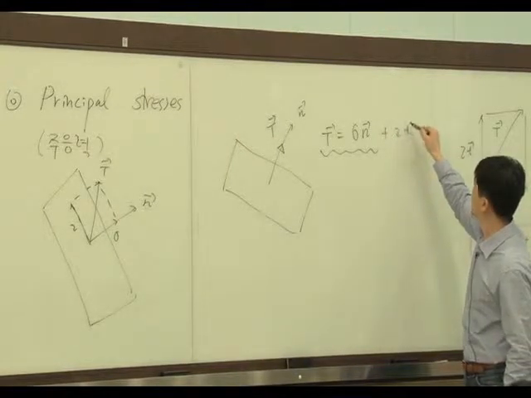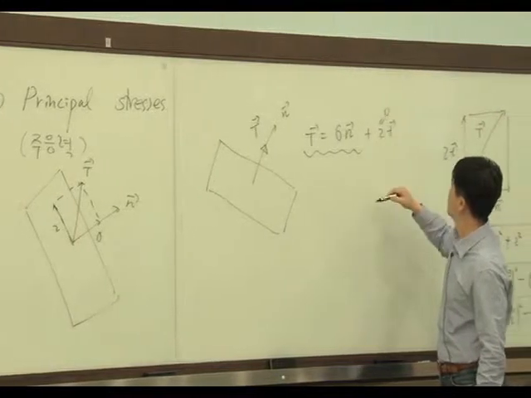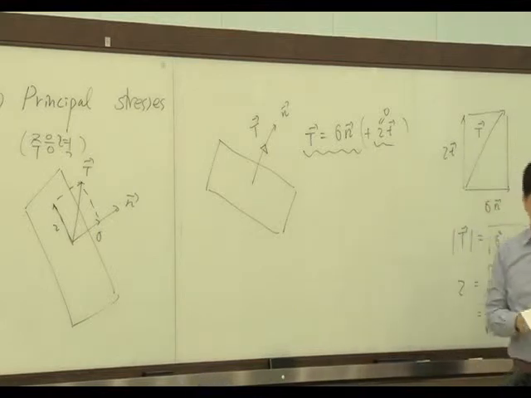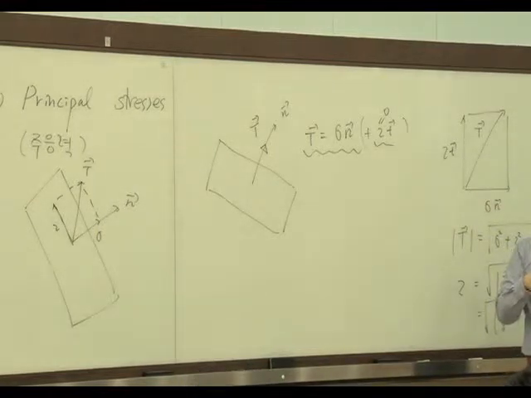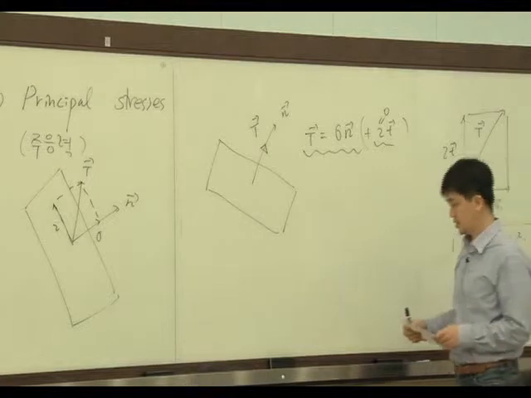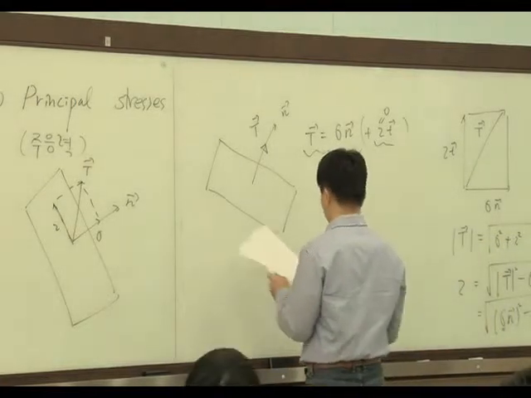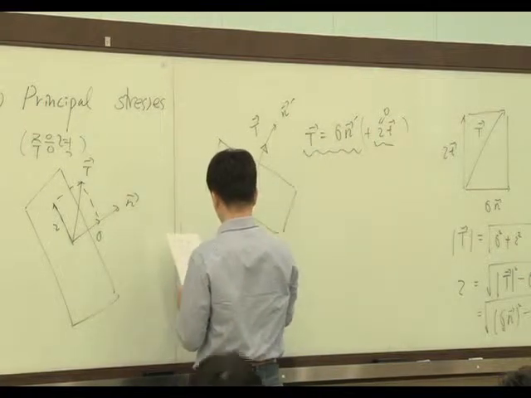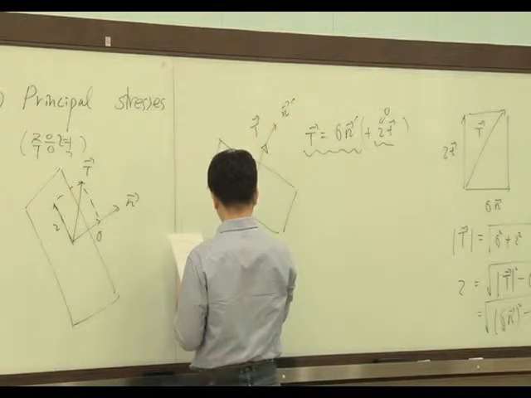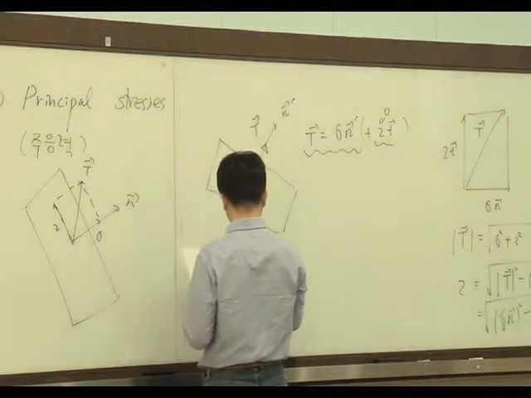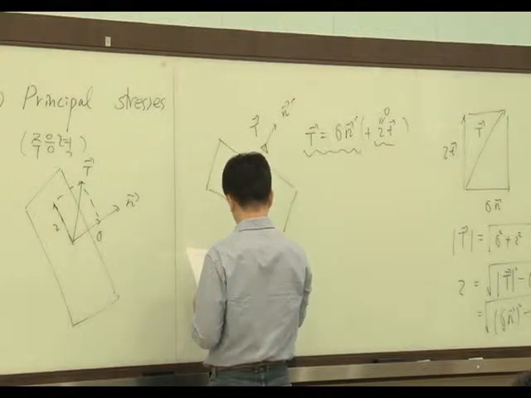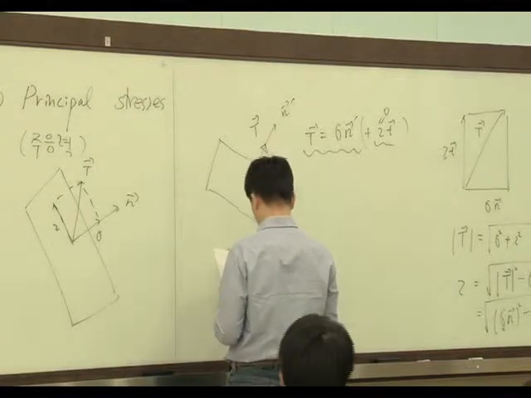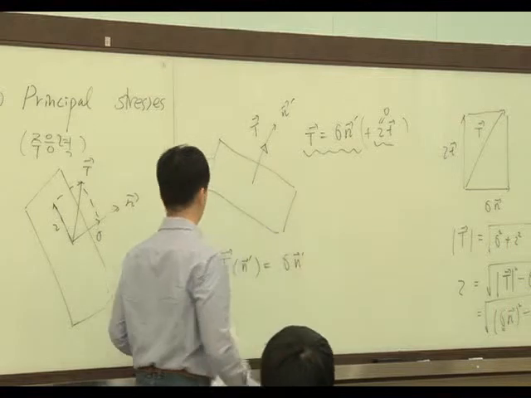Actually, tau t is 0. Okay? So we have only normal stress. Let's say n. So the condition for this is like this.